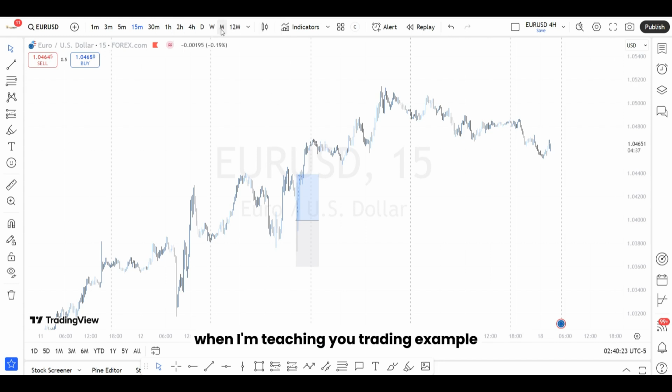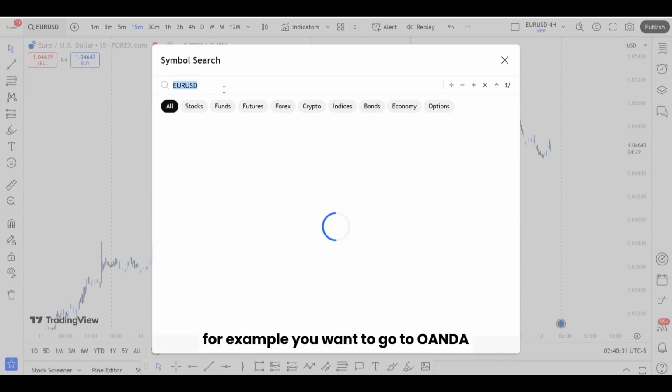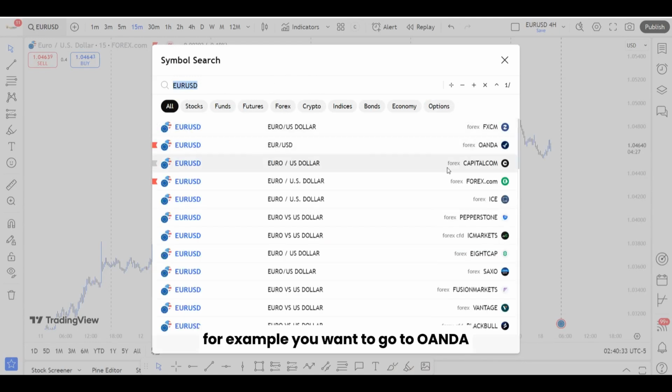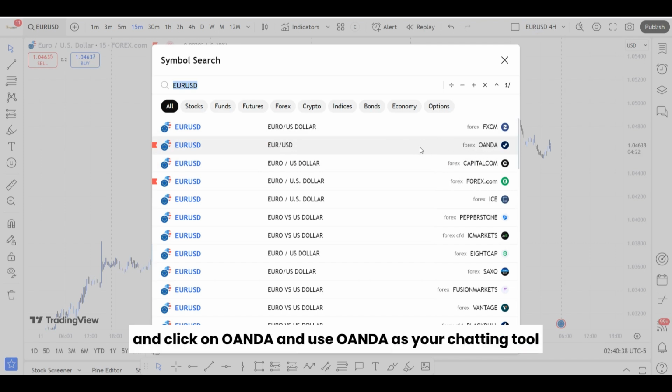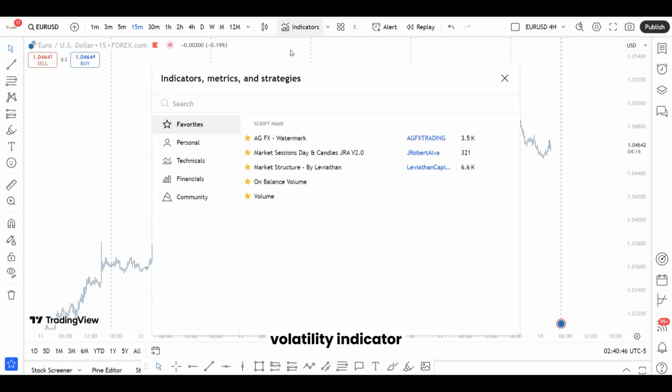When I'm teaching you trading examples, I'm going to go back to Oanda and show you how I use the Oanda broker. When you search the pair Euro USD, for example, look for Oanda, click on Oanda, and use Oanda as your charting tool.